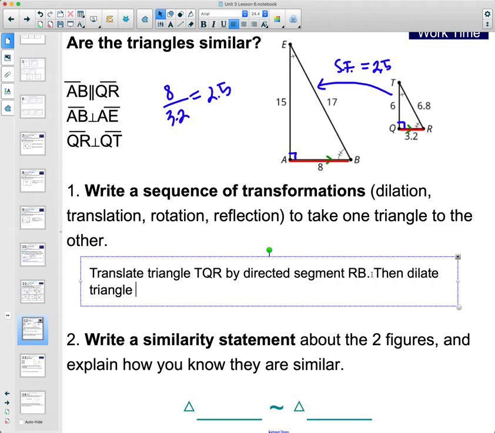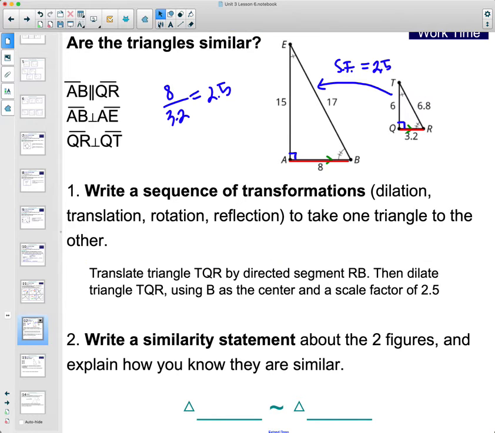So then I would dilate triangle TQR using B as the center and a scale factor of 2.5. So I've moved the triangle over here. Now I've expanded it, and let's just check to make sure. Do 6.8 times 2.5 to make sure that that equals the 17.